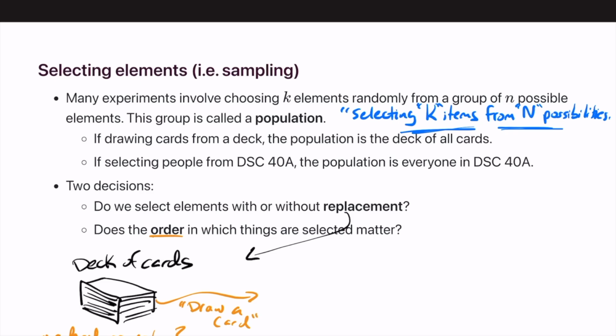draw a card, and that card winds up being the ace of diamonds. And, ace, that's a nice card. Do we then take that ace and replace it?